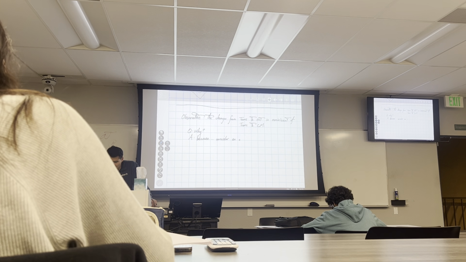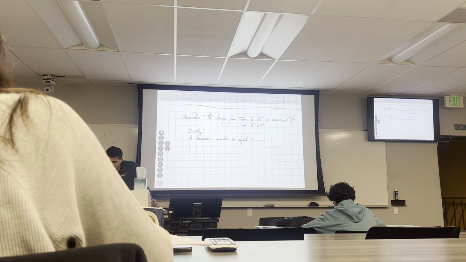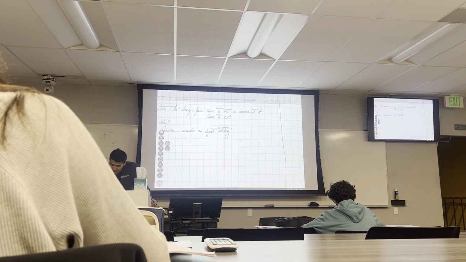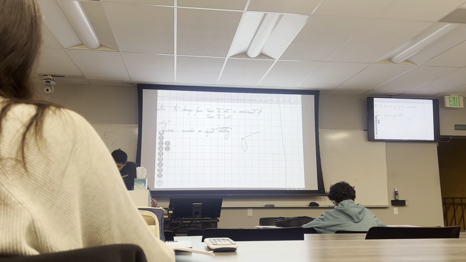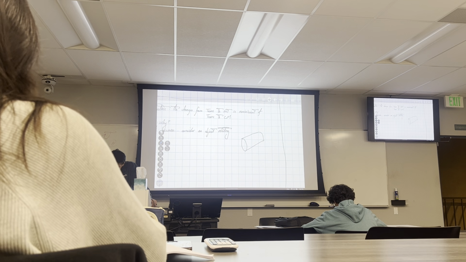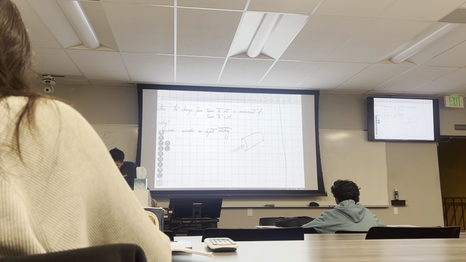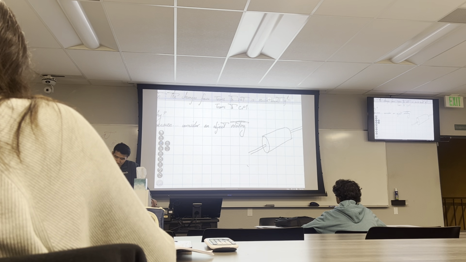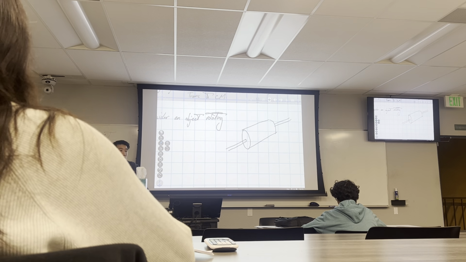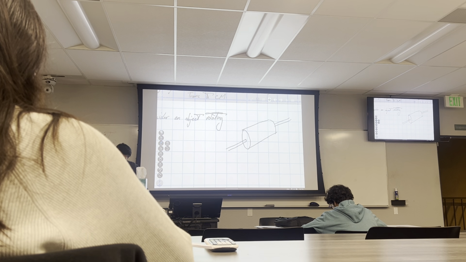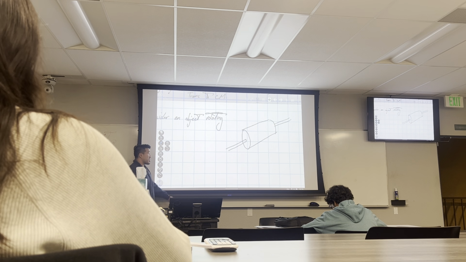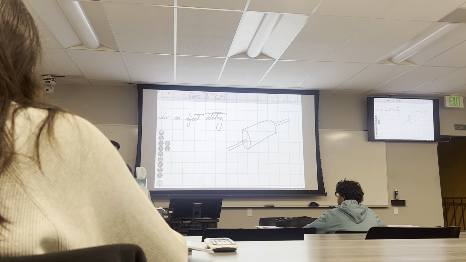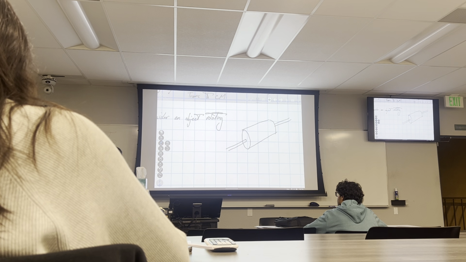consider an object rotating. So let's say we have this cylinder, and it is rotating around this axle. Instead of looking at this cylinder as a whole, let's look at just a small piece of that cylinder.